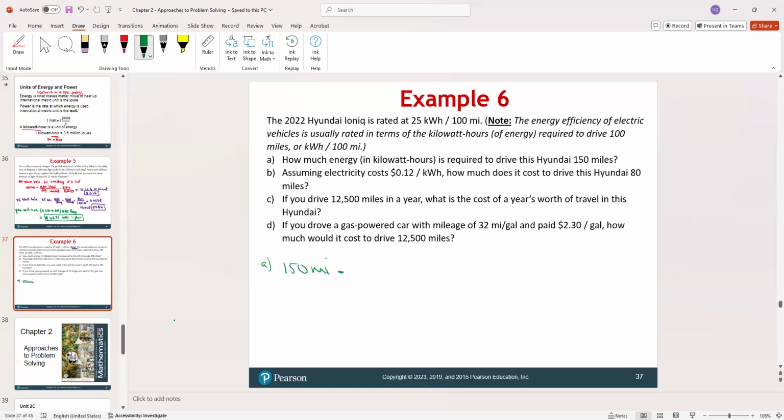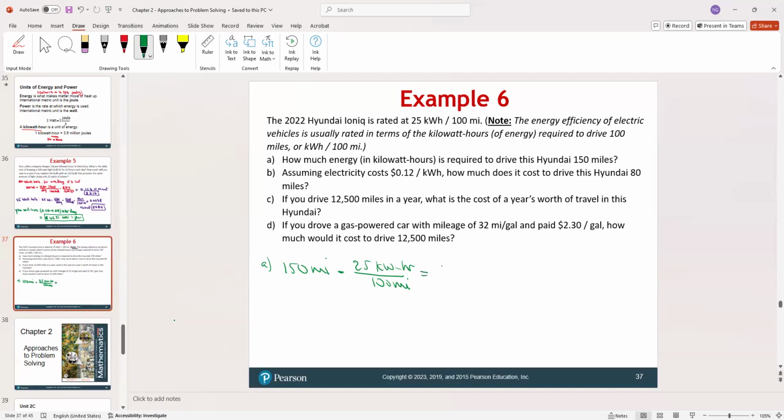If you follow the same way, it tells you here you can do 25 kilowatt hours for 100 miles. And the question was how much energy in kilowatt hours is required to drive this Hyundai. Once you do that, you can multiply, because they ask you for kilowatt hours.